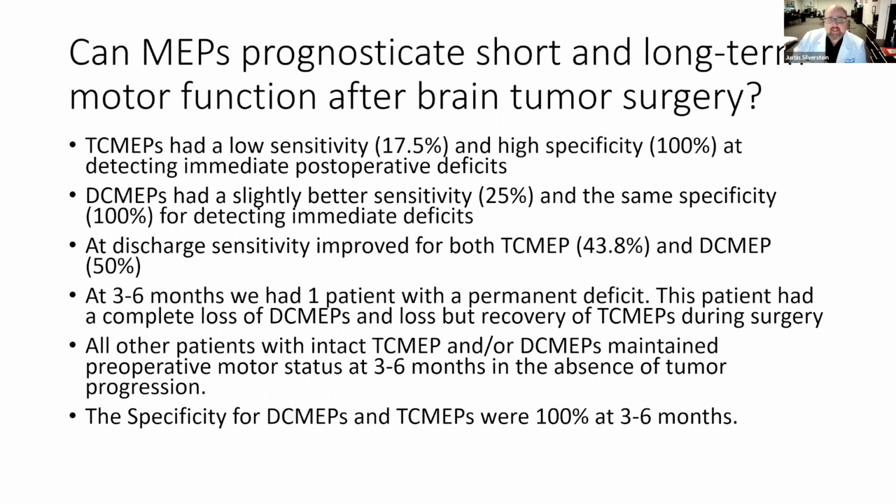And then at 3 to 6 months, we had one patient with that permanent deficit, which I discussed, and all other patients with intact transcranial motors and/or direct cortical motors maintained their preoperative motor status at 3 to 6 months in the absence of tumor progression. Now, the specificity for direct cortical motors and transcranial motors was 100% at 3 to 6 months.